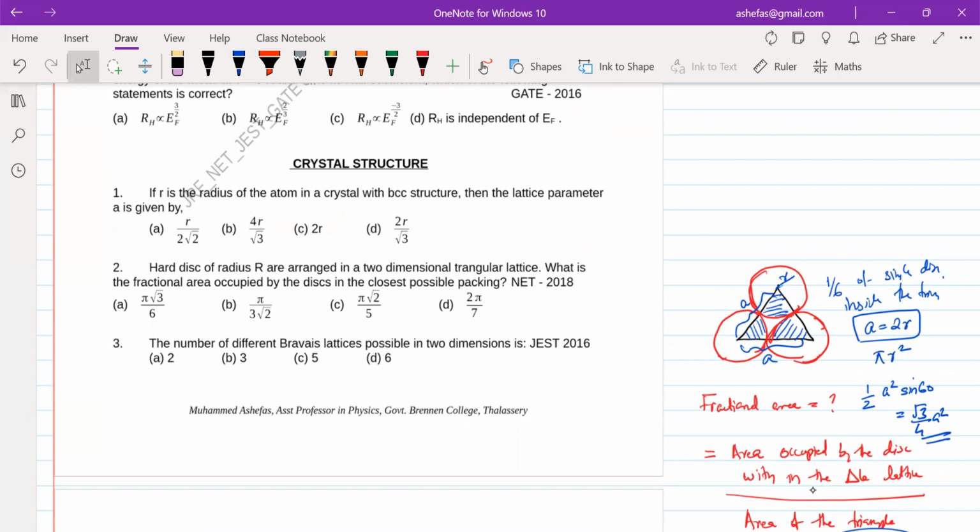So do we have that answer? Pi upon 2 root 3. If you look here, there is no direct answer, but option A is actually this. Because if you multiply this with root 3, it becomes pi root 3.